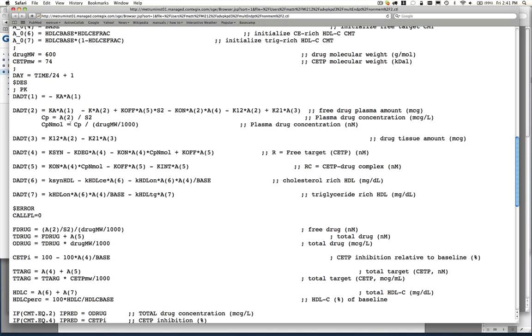And again, we start to set things up here in nanomolar concentrations as well, because then when we go down and start to describe the binding between the free and the complex CETP, we switch into nanomolar units.